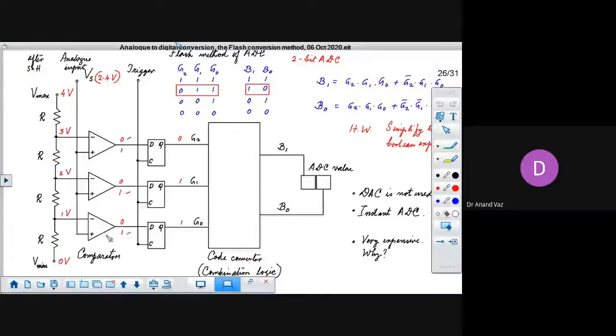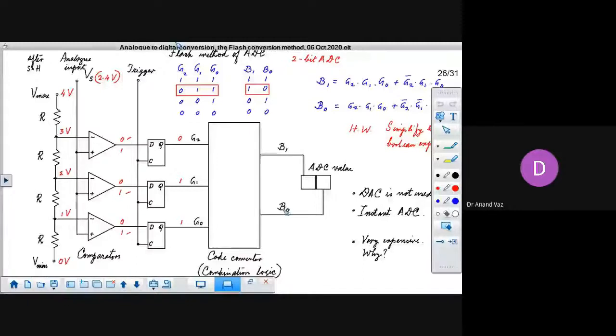We need 8 minus 1, that is 7 comparators and 7 latches. Then we need a combination logic circuit to convert the output of these 7 inputs to 3 bits. So this is how the process of flash conversion takes place.